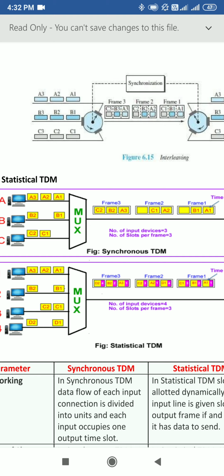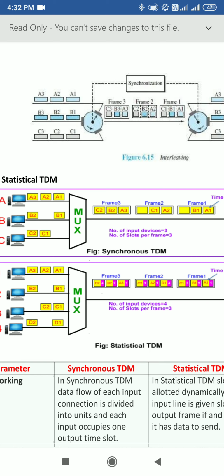Just see the diagram for how the time slots are allocated. It allocates the time slots on demand. So here pre-assignment of time slots does not take place. Allocation of the time slot is on demand.